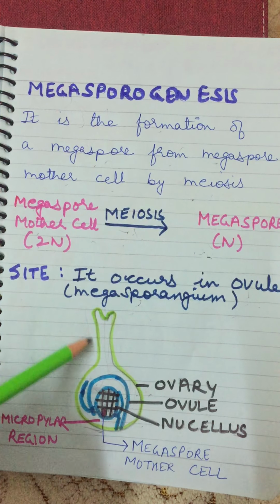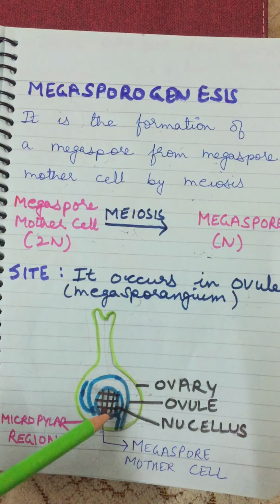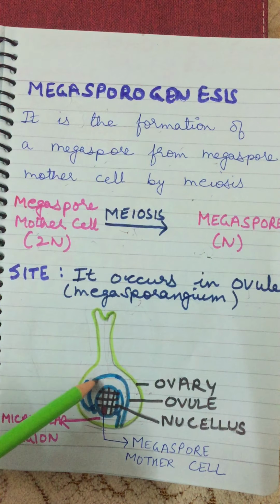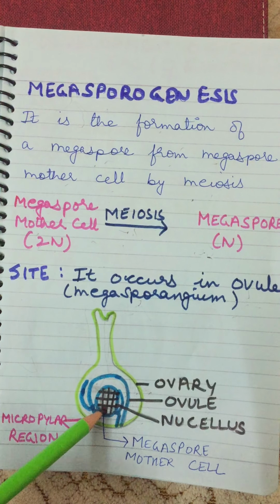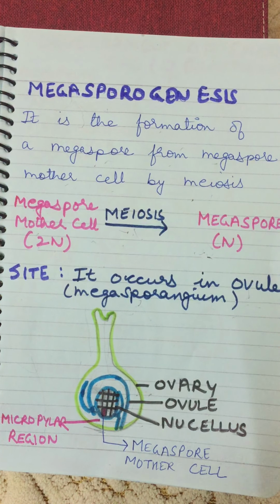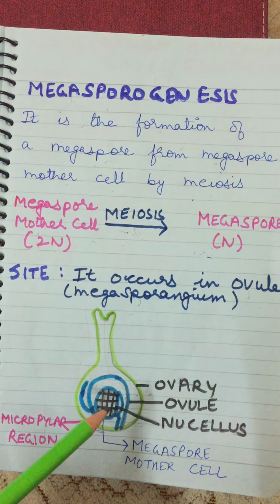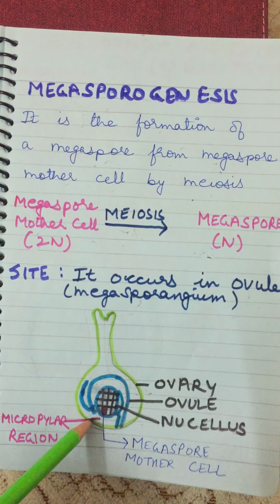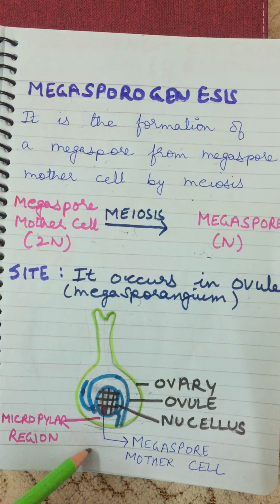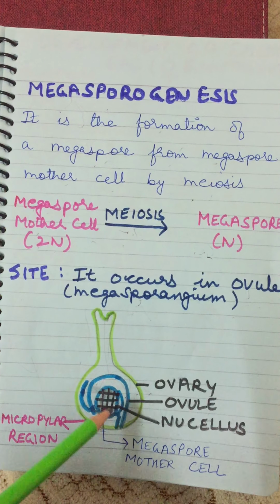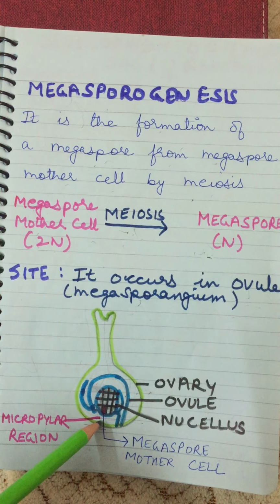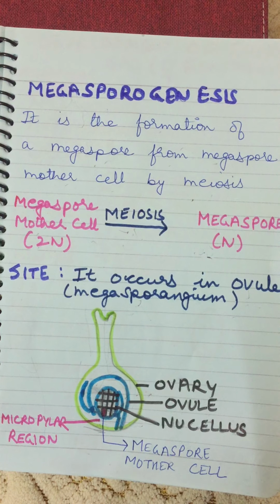Here a diagram is depicting the ovary, and the ovule with both the integuments and only the nucellus. The embryo sac has not developed yet. Only one cell of the nucellus at the micropylar end behaves as the megaspore mother cell, and that megaspore mother cell will undergo meiosis to form megaspores, and from a megaspore the embryo sac will be formed.